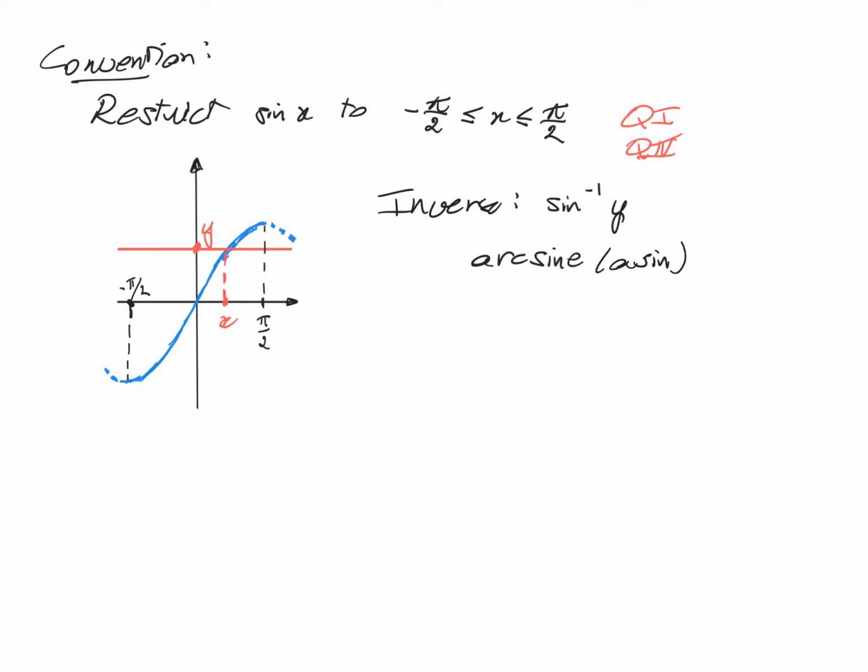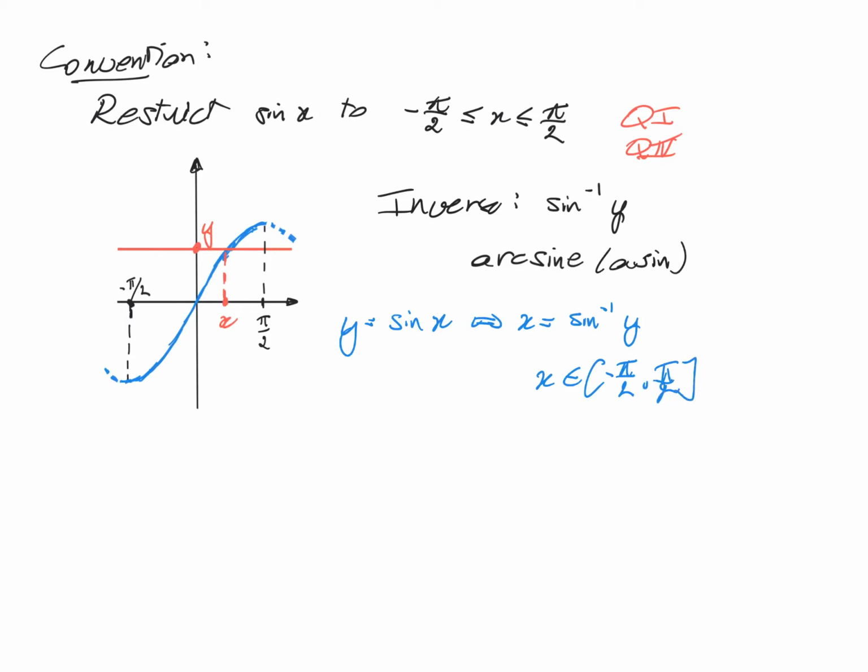So basically this means that y is equal to sine of x if and only if x is sine minus 1 of y and x is limited between minus pi over 2 and pi over 2.